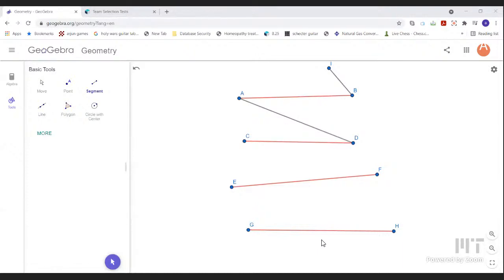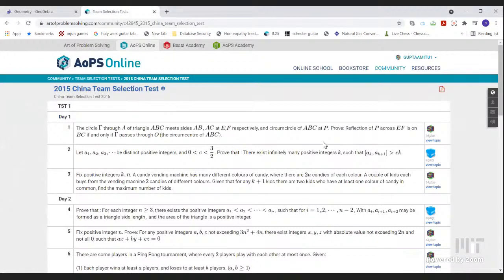What have you people done so far on it? This is the problem. Do you know the problem? P3.